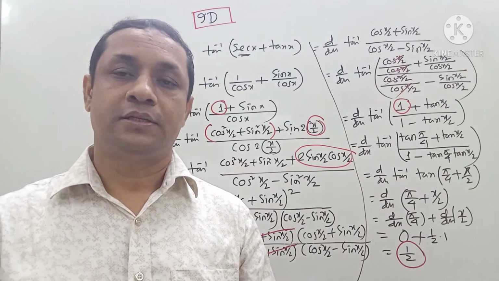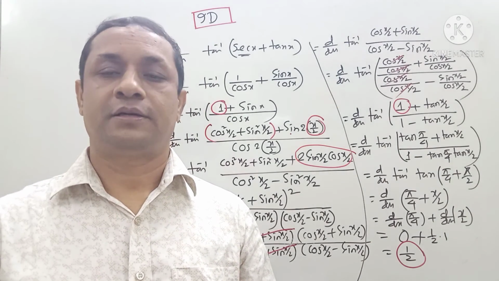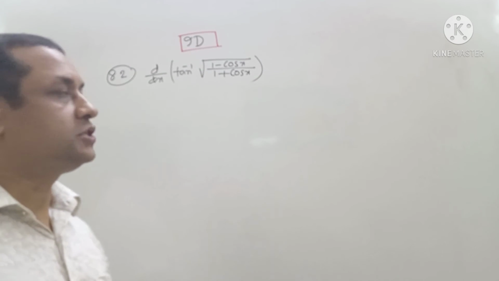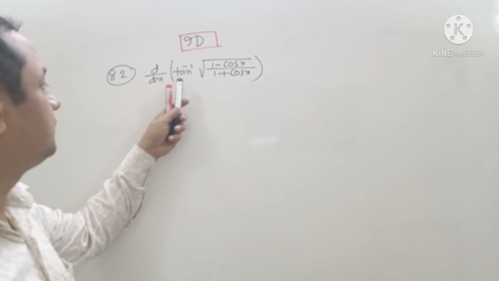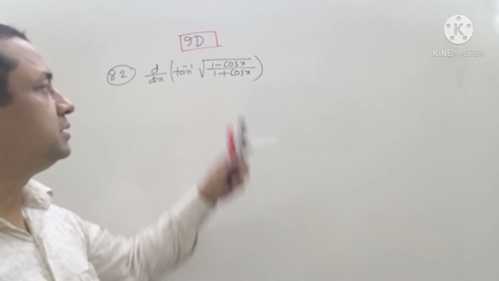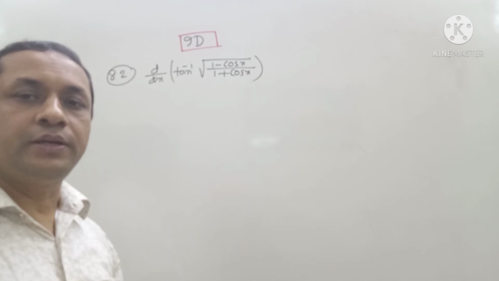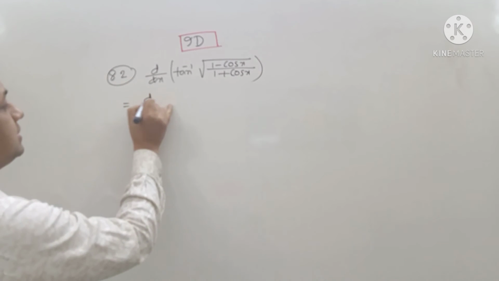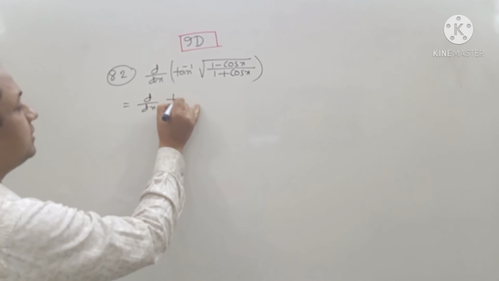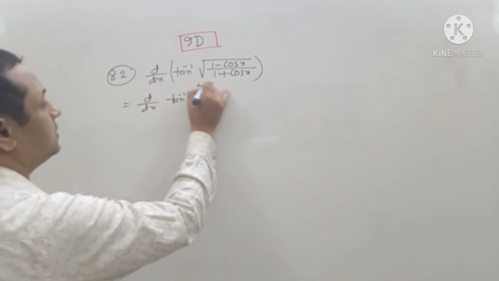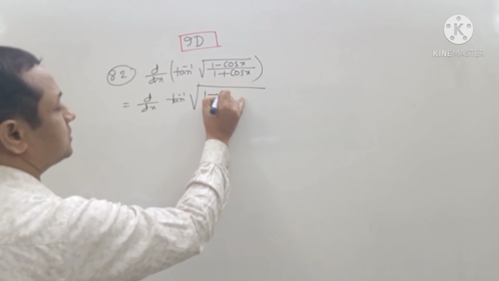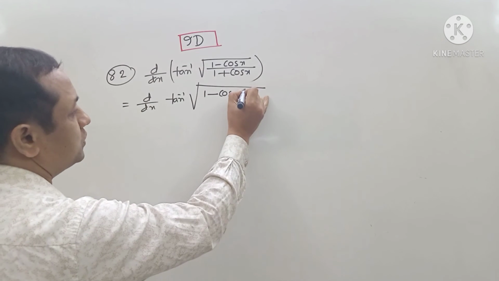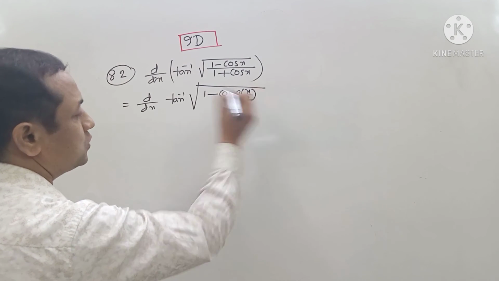I hope that student you are clear. Student, question number 82. d/dx of tan inverse of root over (1 minus cos x) by (1 plus cos x). Now in the numerator, we can write x equals 2 into x/2.